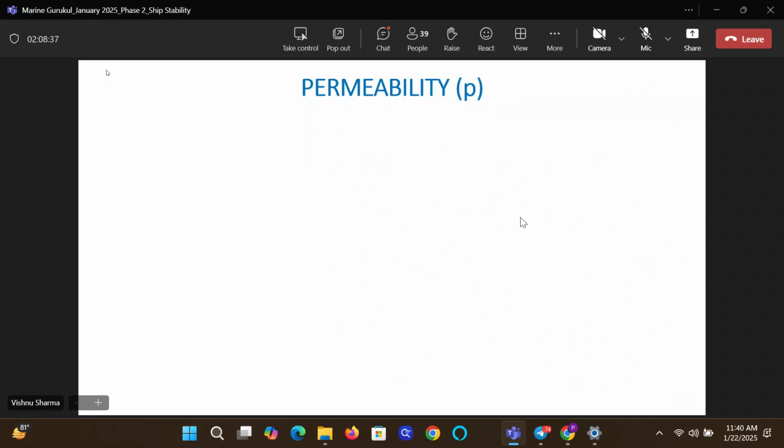Now we bring in the concept of what we call permeability. Guys, in both the questions that we have done, the compartments were empty. That means full space in the compartment was available for the water to occupy on bilging.